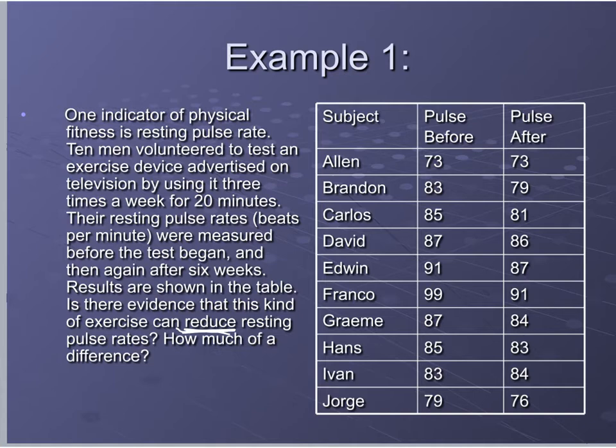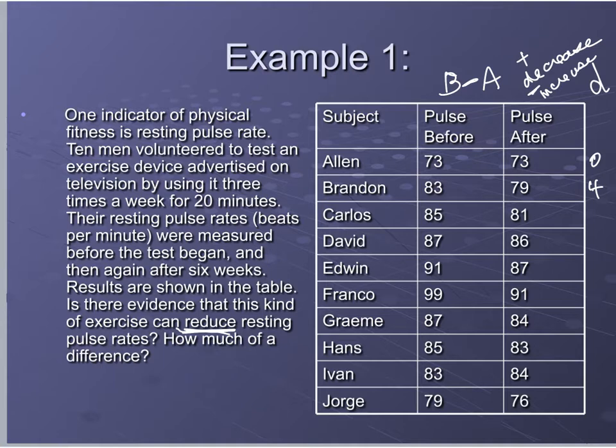So what we're going to do is find a column of the differences here. 73 minus 73 is 0, and 83 minus 79 is 4. We're going to subtract before minus after, and then a positive number means a decrease. We have to keep in mind that a positive means a decrease and a negative means it increased, which is kind of backwards. We can subtract the other way if we'd like.